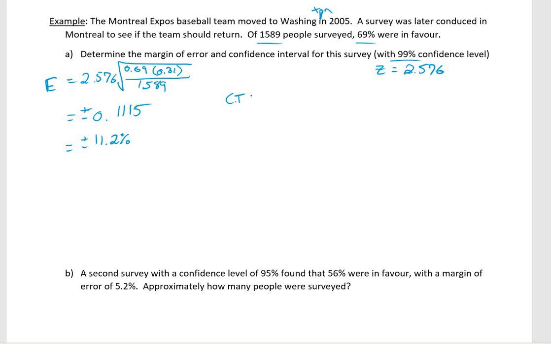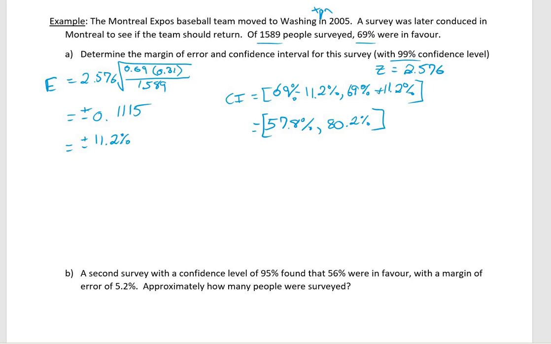So our confidence interval is the 69% that were in favor minus 11.2%, and on the plus side 69% plus 11.2% for the upper limit, or 57.8% to 80.2%.